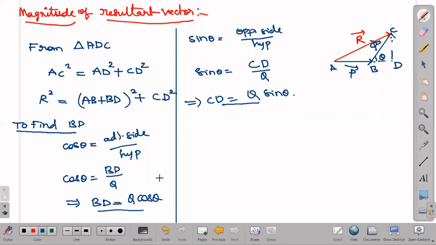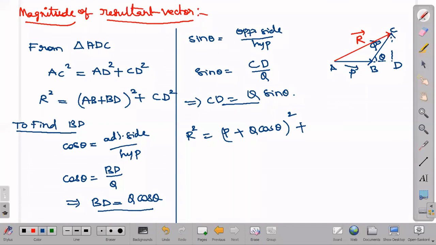If we substitute both of them in the resultant, we will get the magnitude of the resultant vector. R square is equal to AB, which is our P. I am taking only magnitude. P plus AB plus BD, BD is our Q cos theta, Q cos theta whole square, plus CD square.